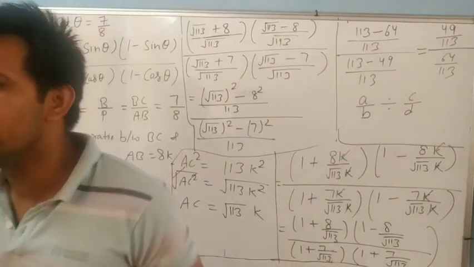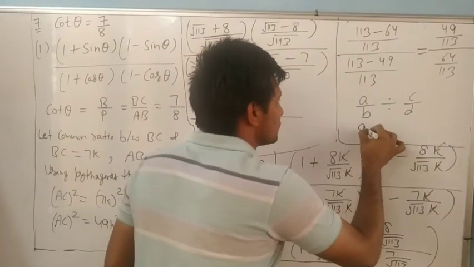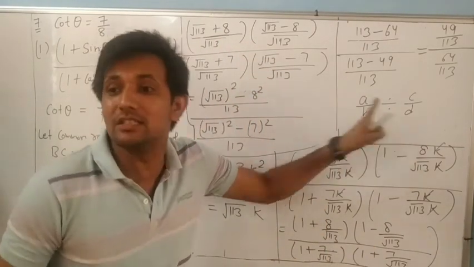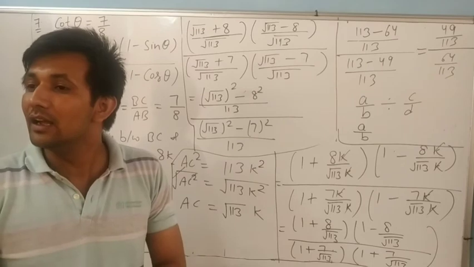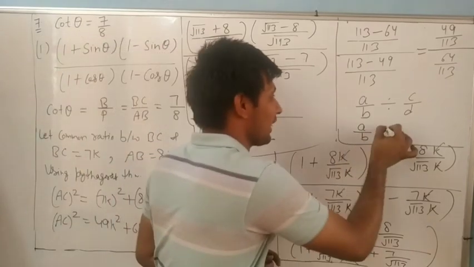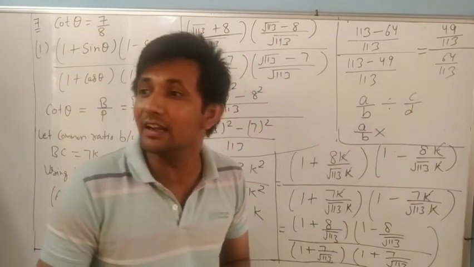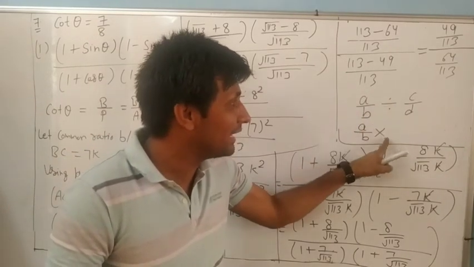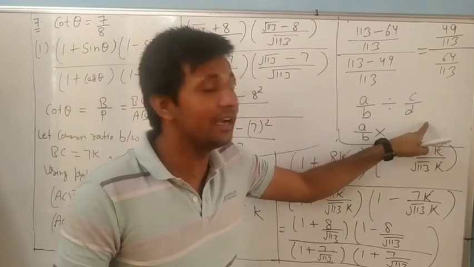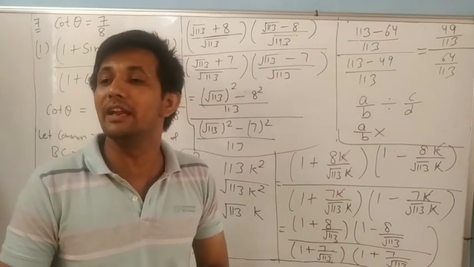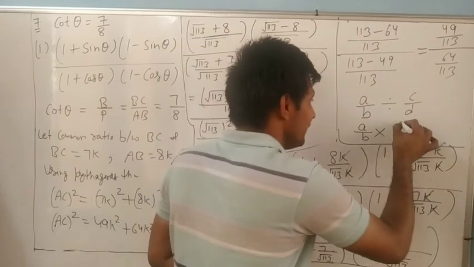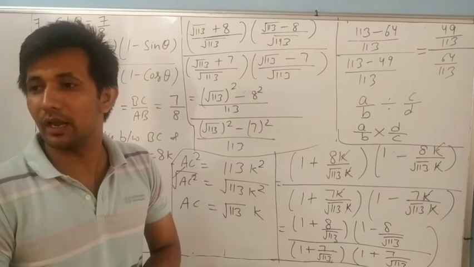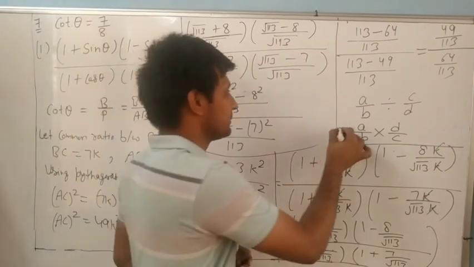Whenever we change divide into multiplication, we always write its reciprocal. The reciprocal of c by d is d by c. Please note it down first.